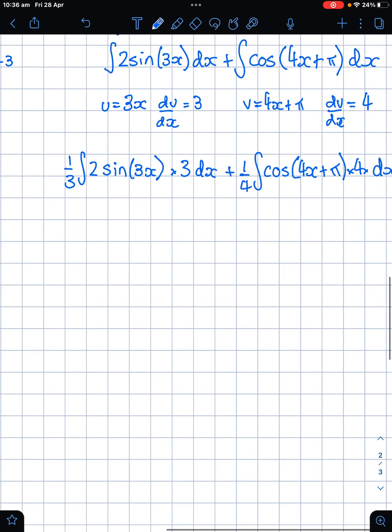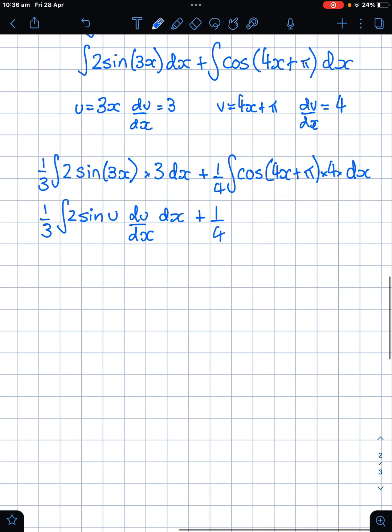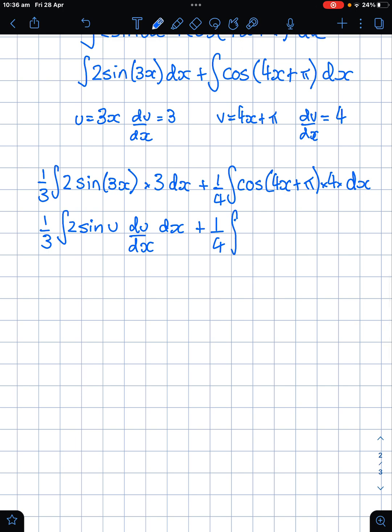So now we're in the form of 1/3 integral 2 sine u, and then that is du dx, because that's what we figured out up here. And that's that 3 being swapped out, dx, plus 1/4 integral of cosine v, and then I've got dv dx.